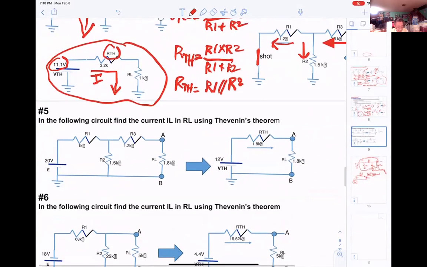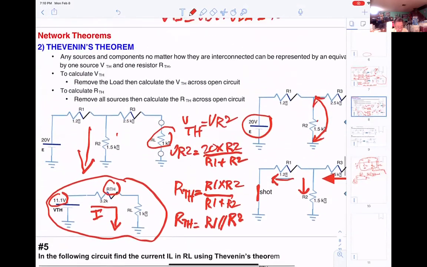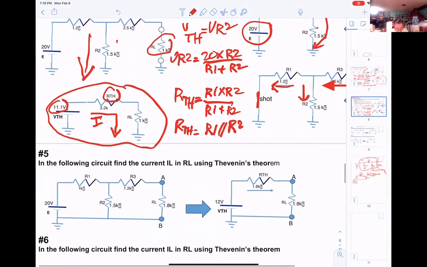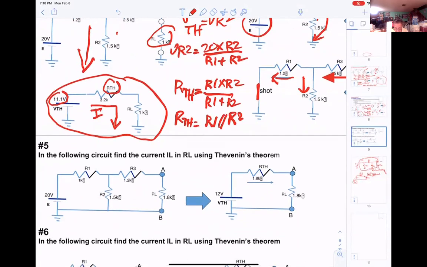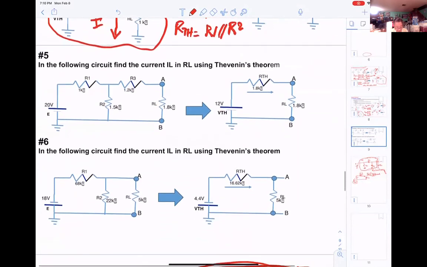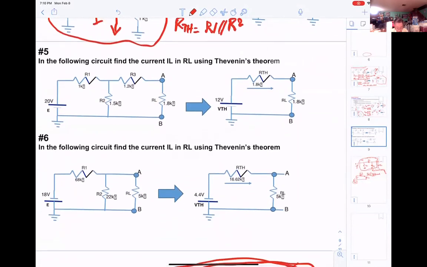Now, the number here, 20 volt here. Okay, let's see. Now, number 5 here. Can you calculate the VThevenin? That means you take out that guy, open.